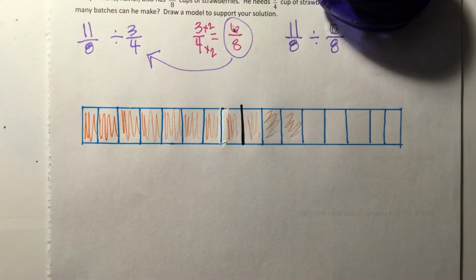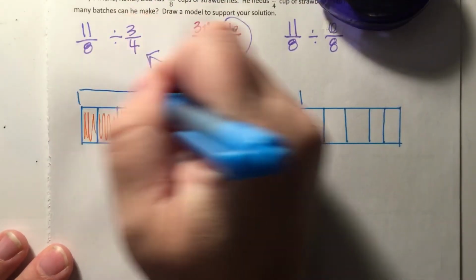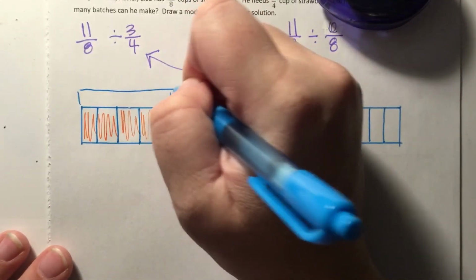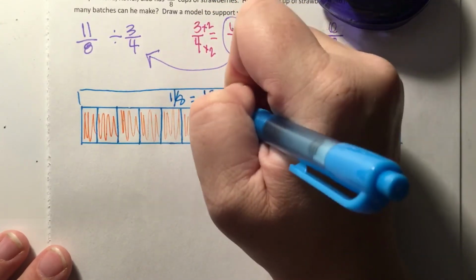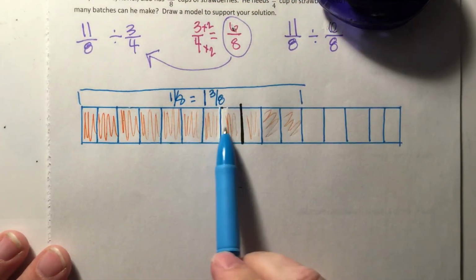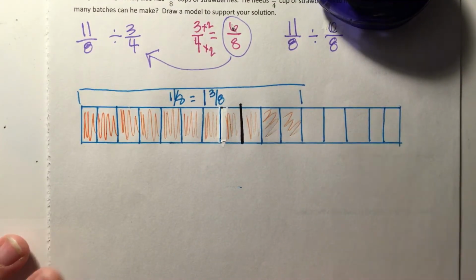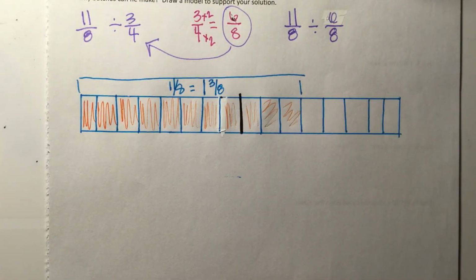Okay, so what we can do now that we have that, we can take our line here, and we're going to mark how much we have. So we have 11 over 8, or 1 3/8. You can see we have one whole, and then 1, 2, 3 of our 8 in our second cup, okay? So then we need to see how many sixths we have out of it, right?